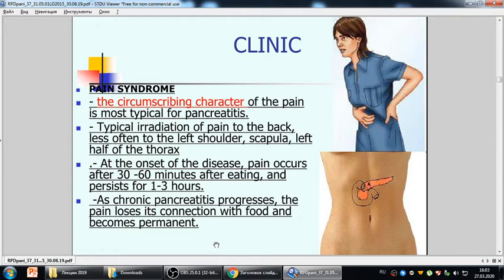At the beginning of disease, this pain occurs 30 to 60 minutes after eating and persists for 1 to 3 hours. But in chronic pancreatitis, when the disease progresses and the pancreatic duct and pancreas become scarred and fibrotic, pain loses its connection with food and becomes permanent.